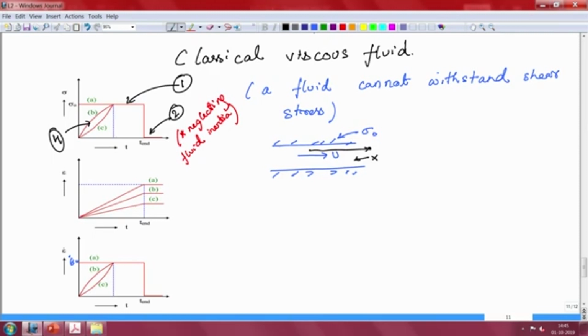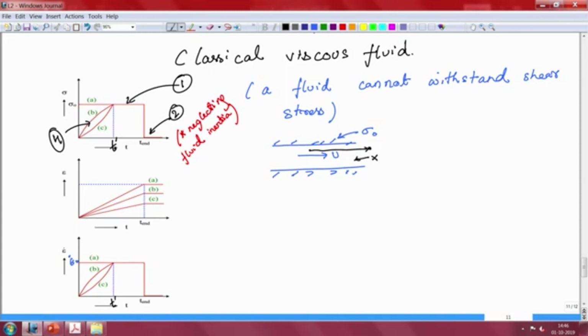When you reach sigma naught through different ones, in the strain rate diagram, you are also going to reach the same strain rate at epsilon naught, and let us mark this as T dash.